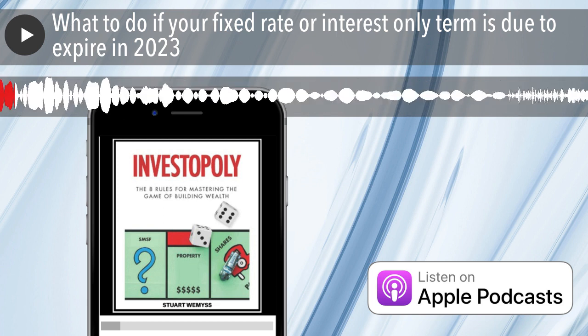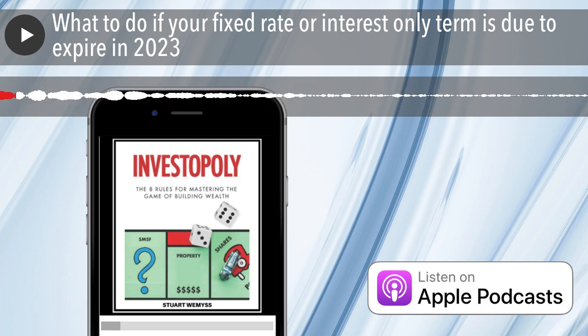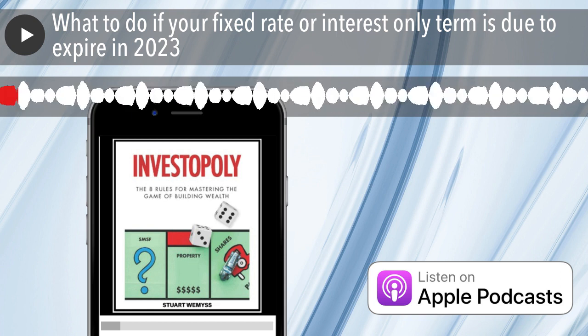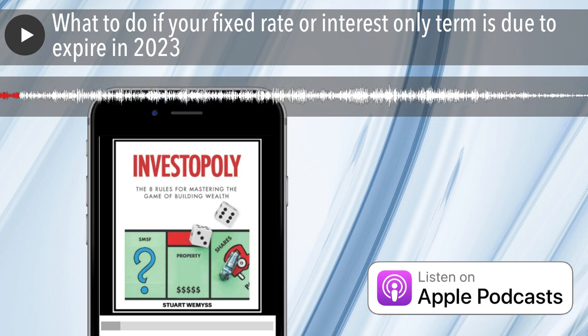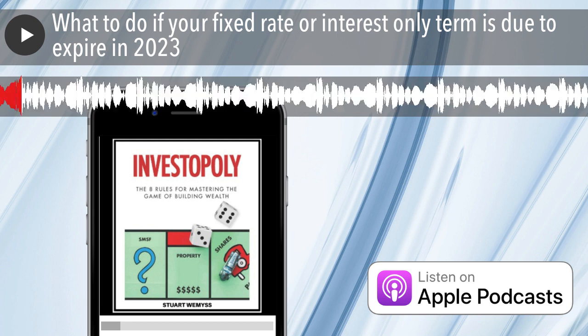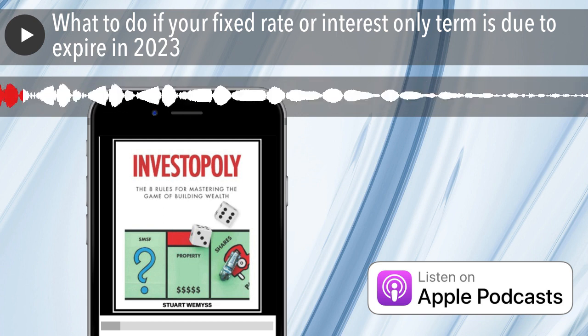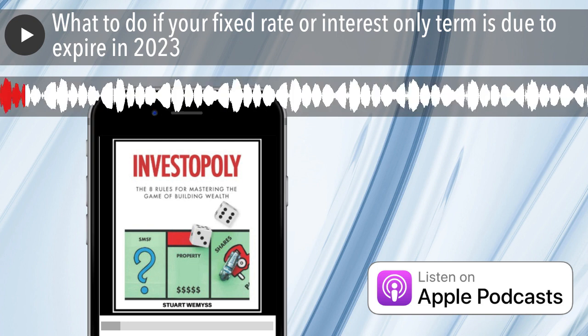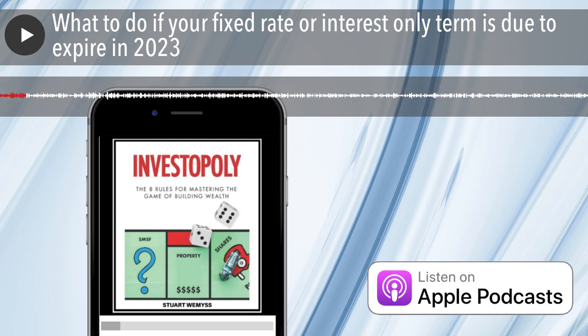It's been very well documented, the fixed rate expiry cliff that is happening this year and even a little bit into next year. That is a whole bunch of Australians that fixed their interest rates during 2020 and 2021. Those interest rates are expiring and might go from 2 to 6%, for example.